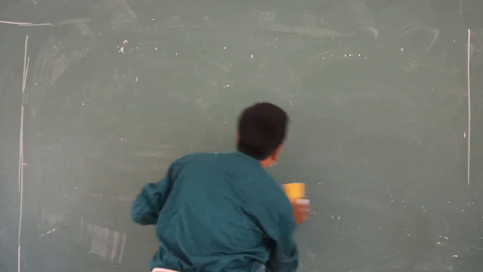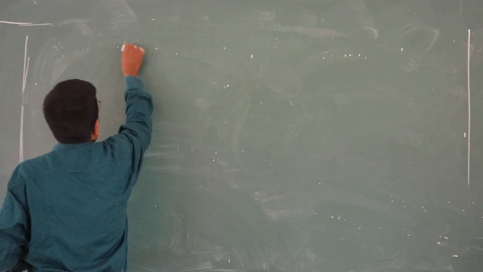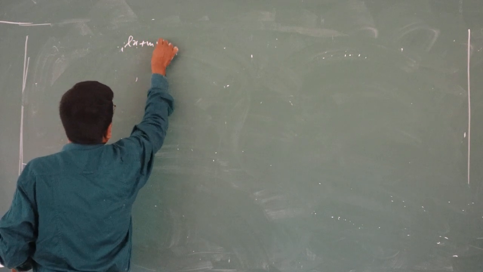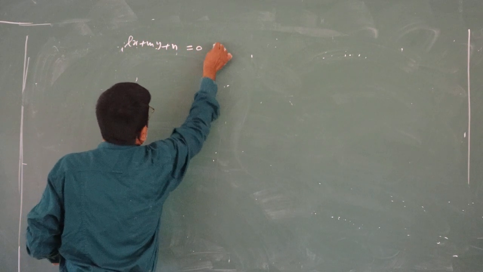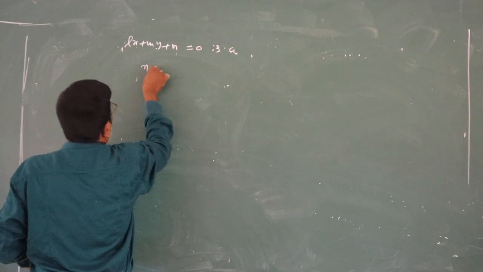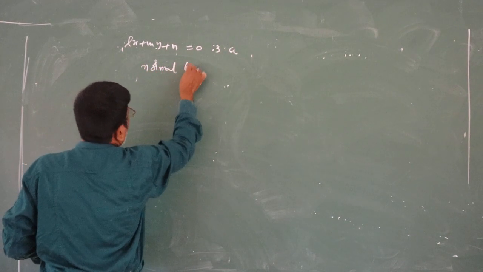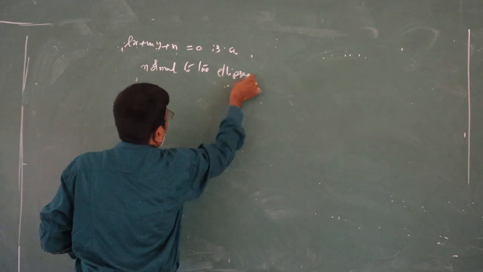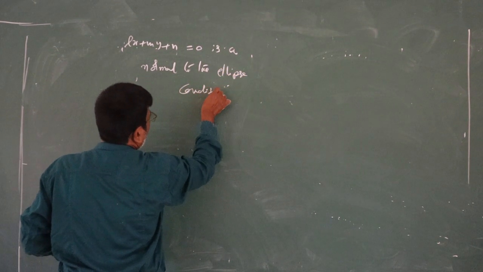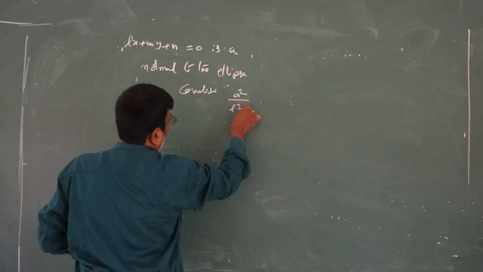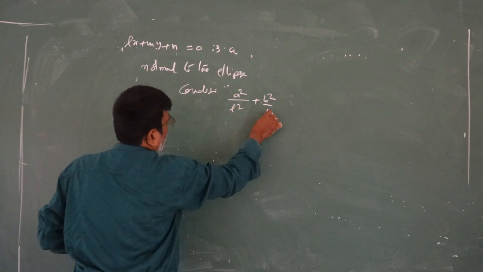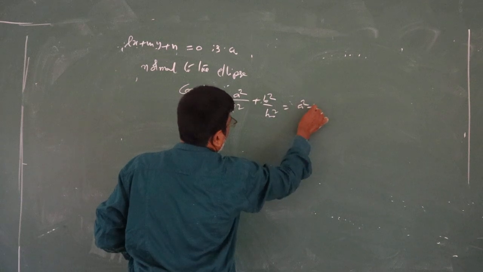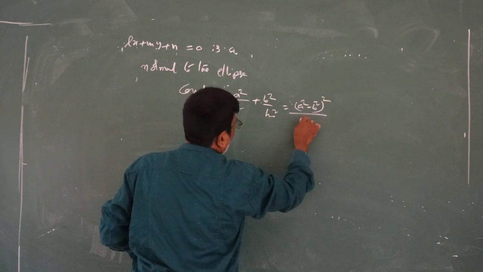So Lx plus My plus n equal to 0 is a normal to the ellipse. The condition is a square by l square plus b square by m square equal to a square minus b square whole square by n square.